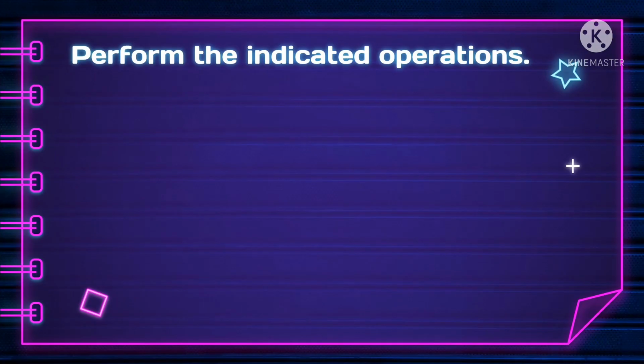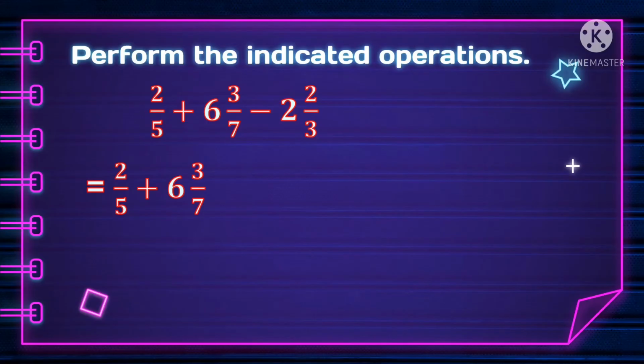Okay, so marami pa tayong example dito. So, we have 2/5 plus 6 and 3 over 7 minus 2 and 2/3. So, unahin muna natin itong dalawang fraction, yung 2/5 plus 6 and 3 over 7. So, again, kunin natin ang LCD dahil sila ay magkaiba ng denominator.